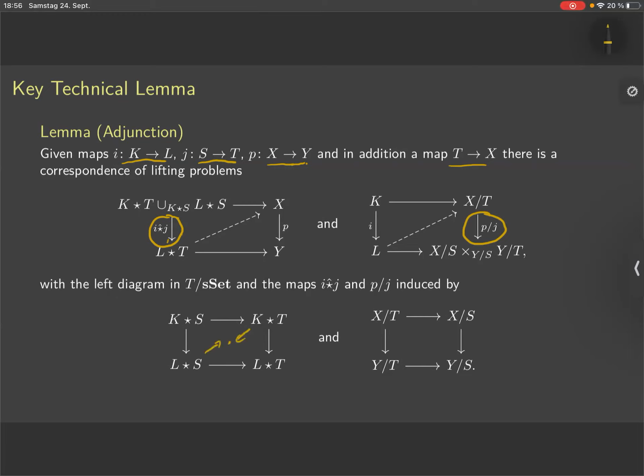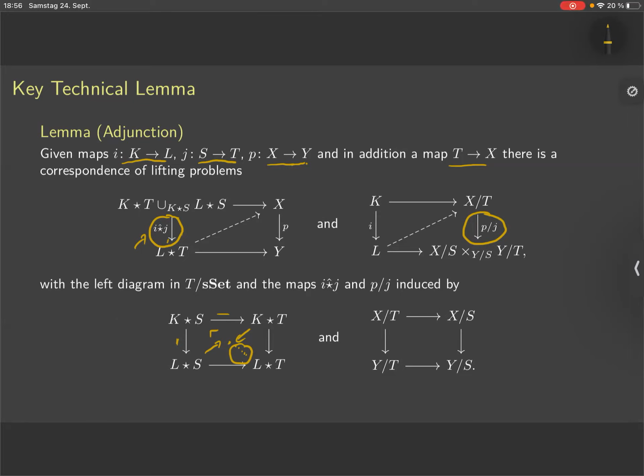So when we take here the pushout, then we get an induced map because of the commuting diagram, which we always said here. This map, for example, is induced by S to T. This is induced by K to L, and so on. And then because it commutes, we get an induced map here, which is exactly the one that we take as I star I join J.